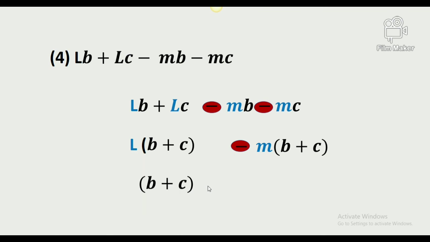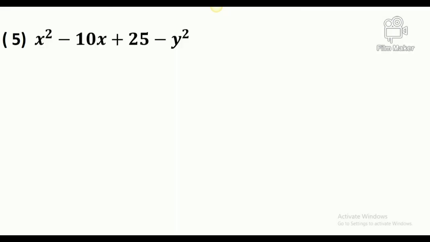Exercise number 5. I can take x as a common factor, and I can take no common factors here. Also, there is no common bracket. Here x, here y. It's a new idea, not something here.